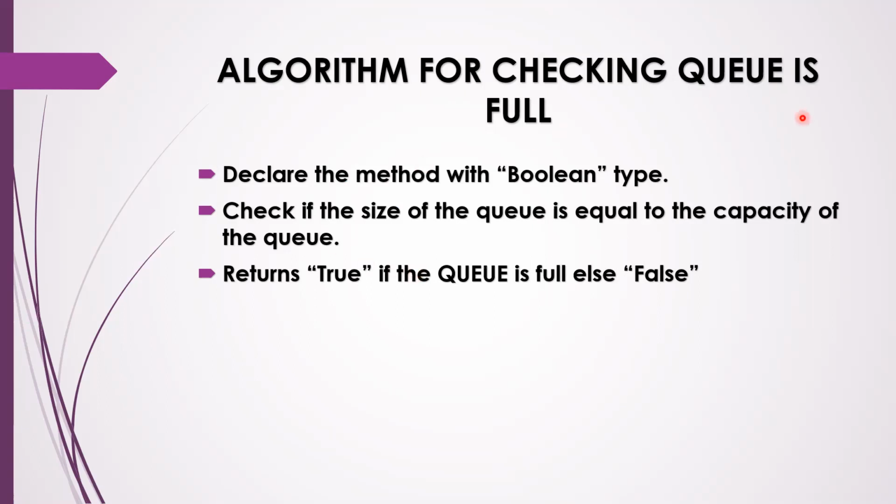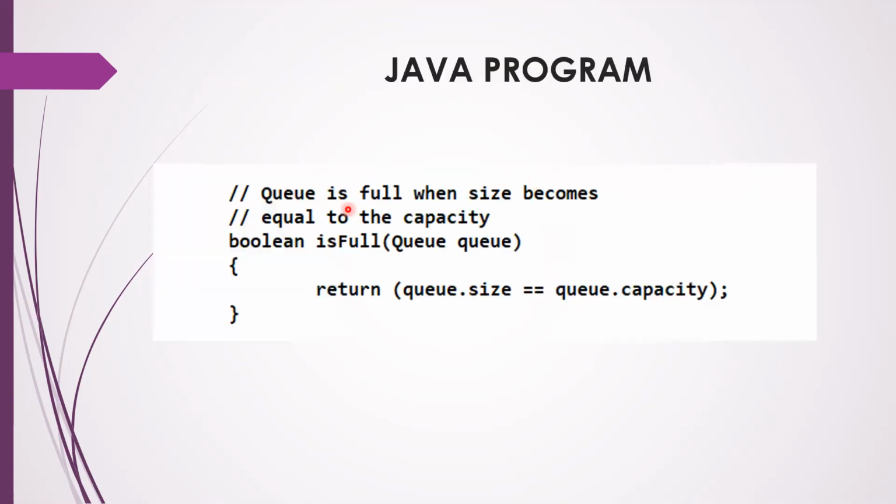Now, for checking whether the queue is full or not, you have to declare the method with Boolean type. When you declare a method with Boolean type, it will return the result either as true or false. So in order to get those results, you have to declare with Boolean primitive data type. So boolean isFull. isFull is a method name, and you're passing the class, that is queue, as a parameter.